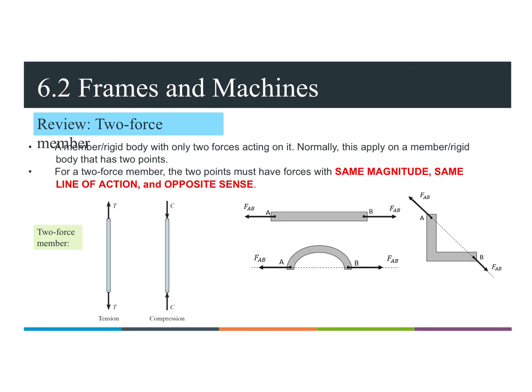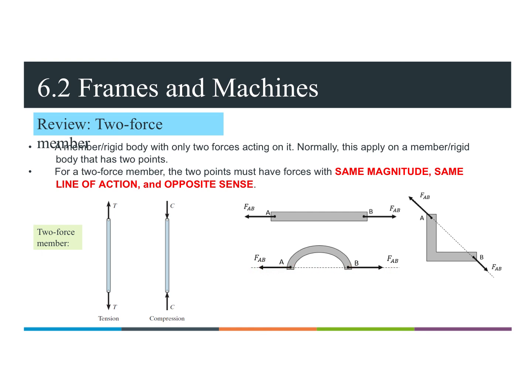So back to this slide. Review of the two-force member: a member or rigid body with only two forces acting on it. Similar to the previous one, the two-force member has the same magnitude, the same line of action, and opposite sense or direction. It can be a straight member like this, either in tension or compression, and we also have a shape like this, AB, but the force is still FAB, since the forces are along the same line of action.